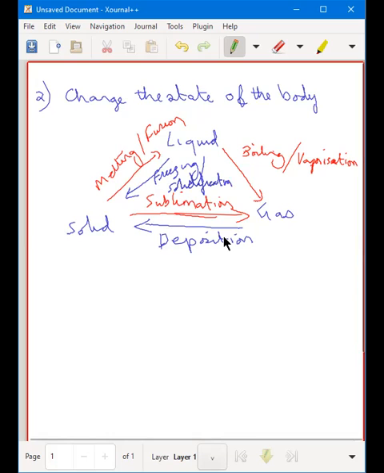Okay. And lastly, from gas to liquid. Siddhant Singhal. Yes, sir. Gas to liquid. So condensation. Right, we've already done these kinds of changes earlier.